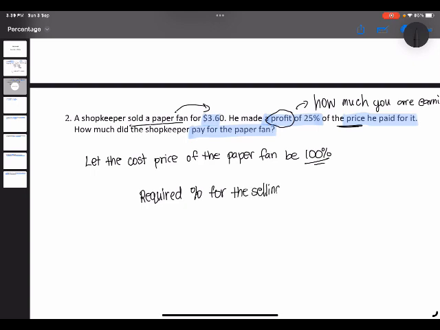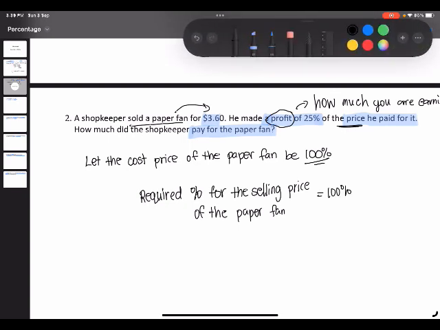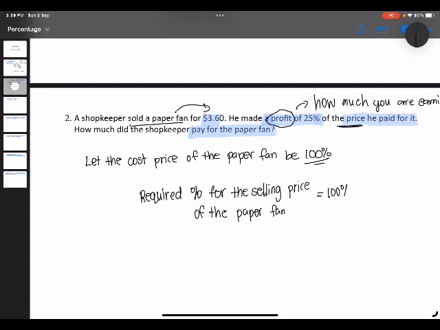So the required percentage for the selling price of the paper fan is 100% plus 25%, which gives a value of 125%. So the selling price is 125%. So 125% represents $3.60. So let's use the shortcut using proportion.